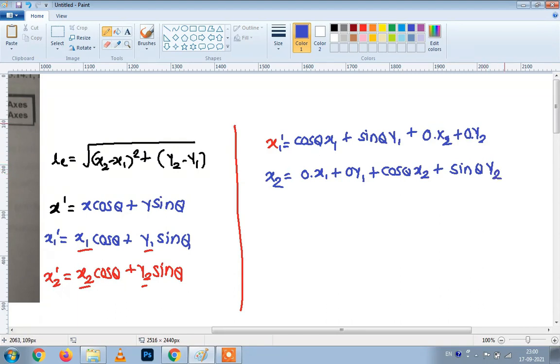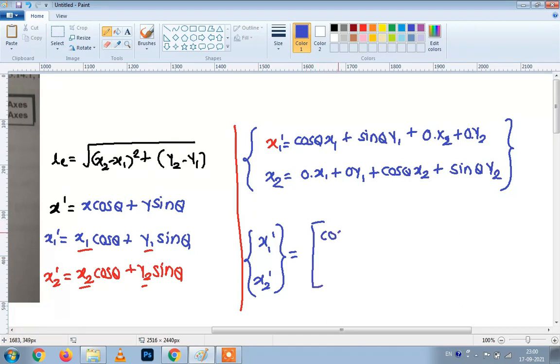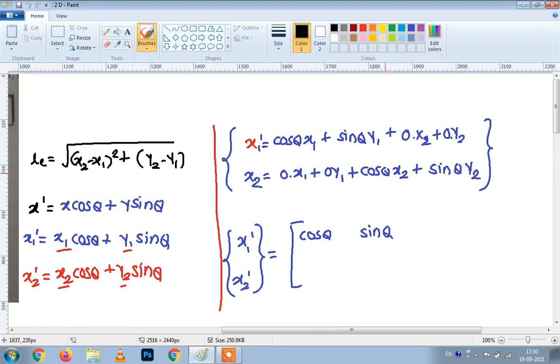Now these two equations we can write in matrix form like this: x1 dash, x2 dash is equal to, now here the coefficient of x1 is cos theta, the coefficient of y1 is sin theta, the coefficient of x2 is 0, and the coefficient of y2 is also 0.